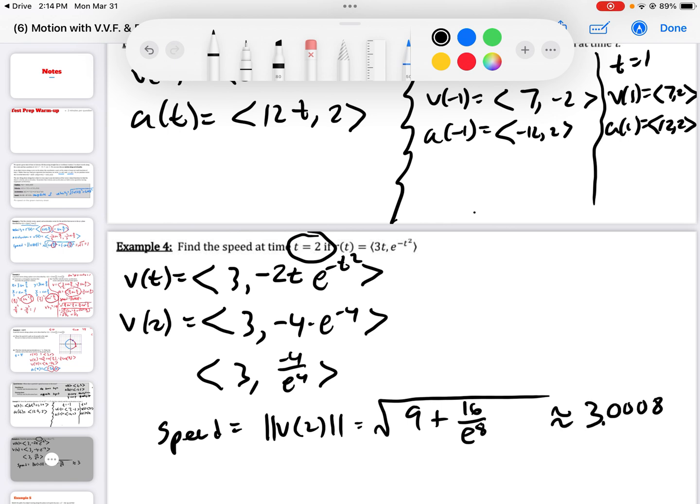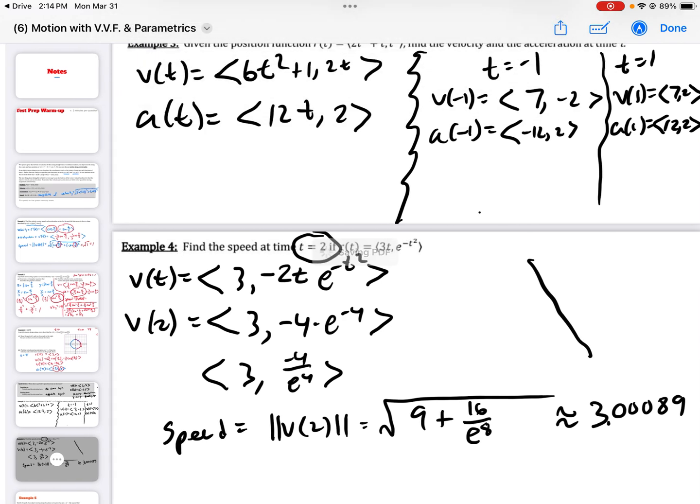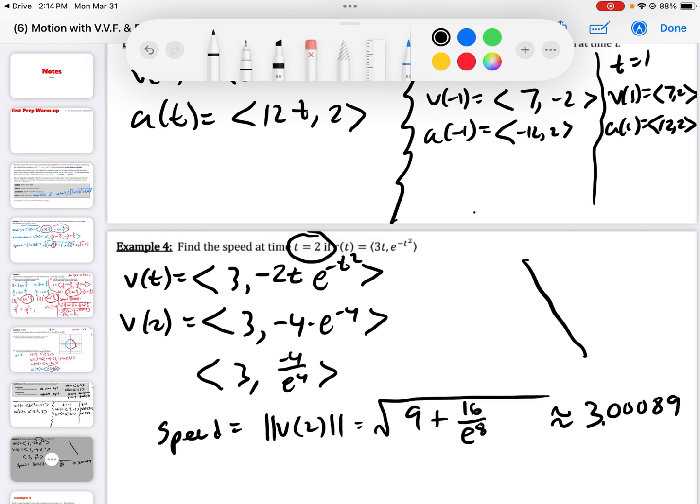With the calculator, I got 3.00089. That would be the speed of the particle at that moment, which is the magnitude of its velocity vector. It's like how long the vector is. The longer it is, the bigger that distance formula is, the faster it's going. The shorter, the slower it's going.